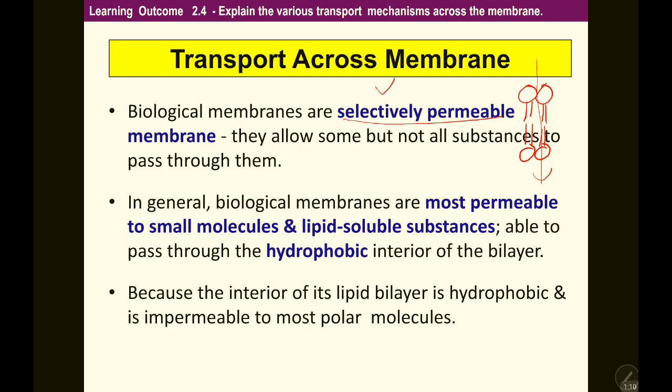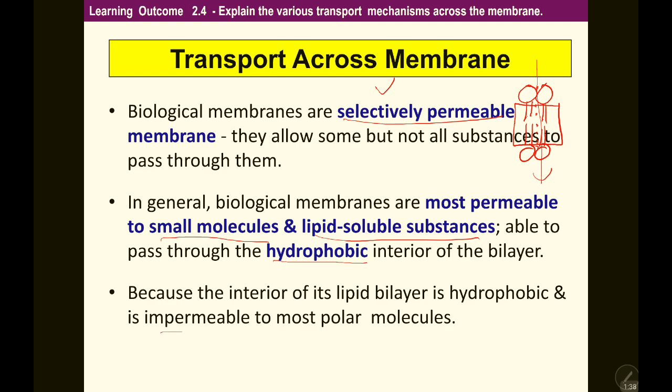In general, this membrane is most permeable to small molecules and lipid soluble molecules. Small molecules can easily go through the membrane, as well as lipid soluble substances, also known as hydrophobic molecules. Why can they go through easily? Because of the hydrophobic region in the internal part of our phospholipid bilayer.